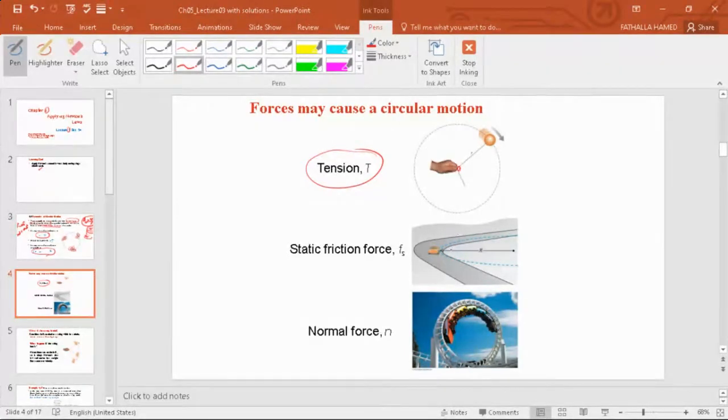Now, you can also make cars go on roundabouts or curved paths, and you're forcing them to go along a circular track. And the cause of this will be the static friction force. Now, you can go on a vertical circle, and when you're dealing with a vertical circle, like a roller coaster here, what keeps you going around the track? In this case, we'll talk about the normal force.